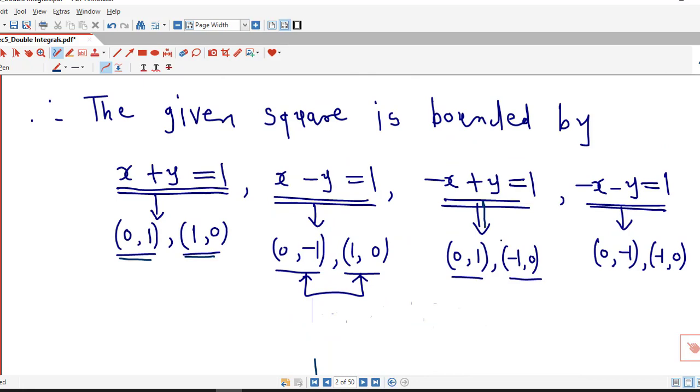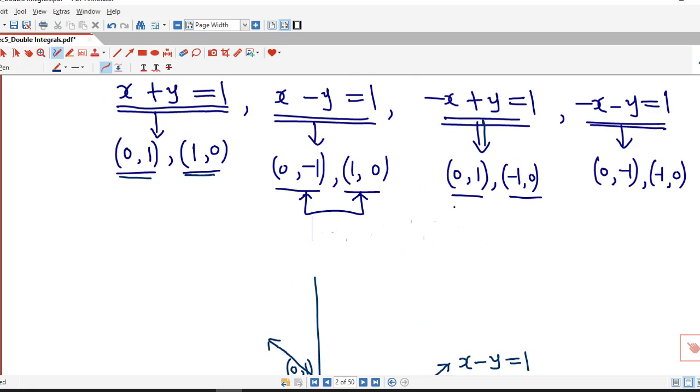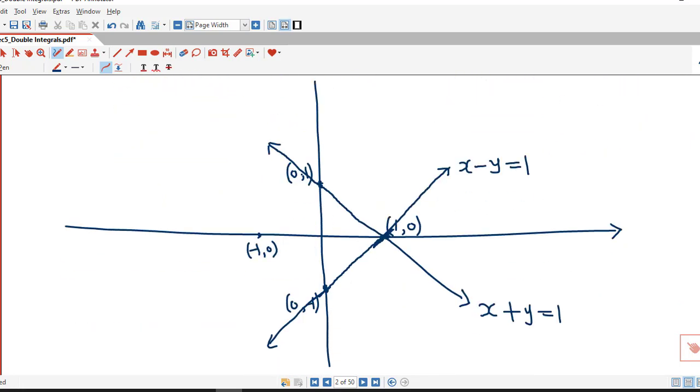This line is passing through (0, 1) and (-1, 0). Minus x plus y equals 1 is passing through (0, 1) and (-1, 0). That is, from these 2 points we sketch a straight line, which is minus x plus y equals 1.